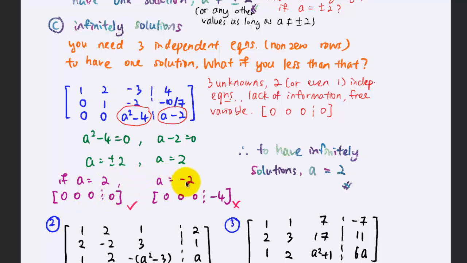And if A is negative 2, I will end up with 0, 0, 0 and negative 4. This is not the typical form for infinitely many solutions. This is actually the illogical expression for no solution, and hence we reject the condition A equals negative 2. Then we can say that to have infinitely many solutions, A must be 2, and this is how you decide whether the system will be inconsistent or consistent based on the values of A.